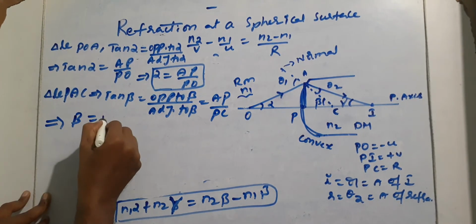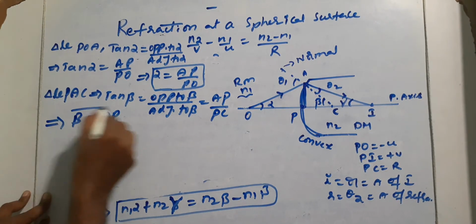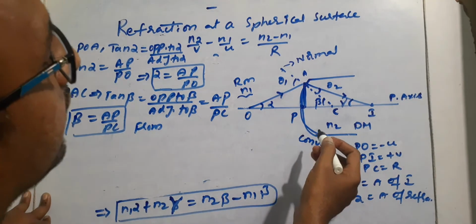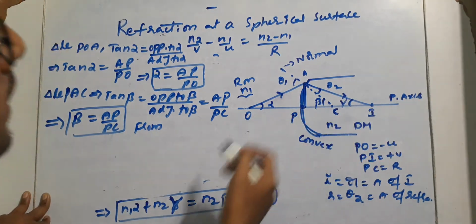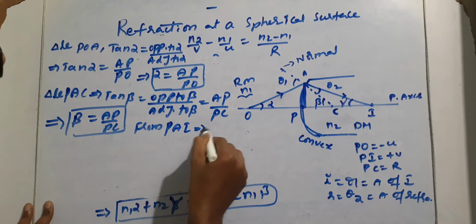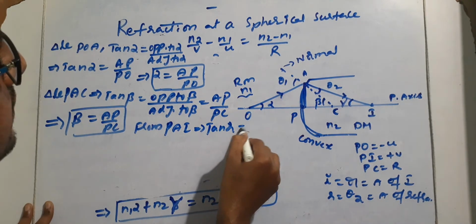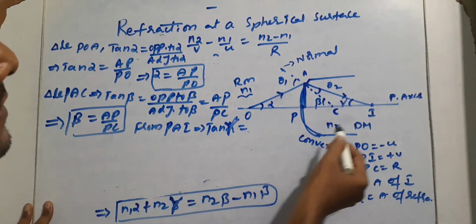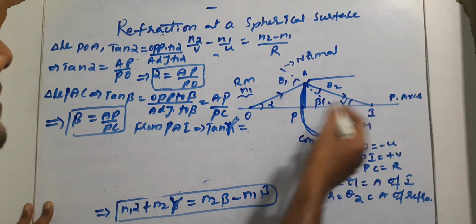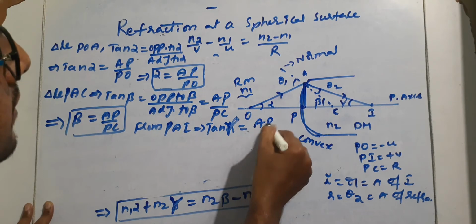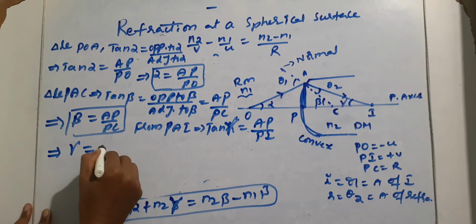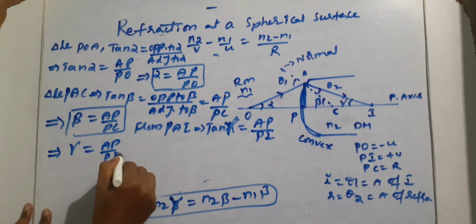This implies beta equals AP by PC. Similarly, from triangle PAI, this implies tan gamma is equal to again opposite to gamma by adjacent side. Opposite to gamma means AP, adjacent side is PI. This implies gamma also equals AP by PI.